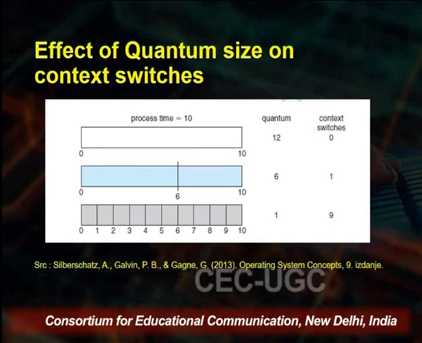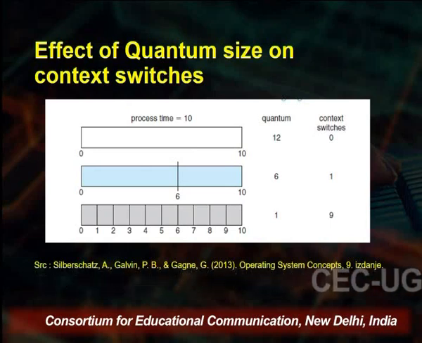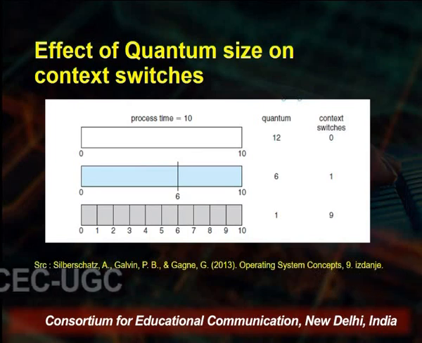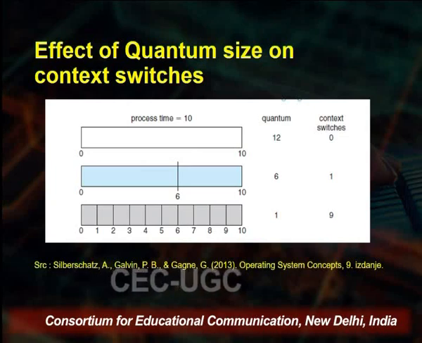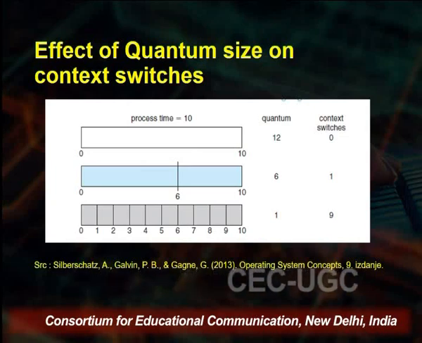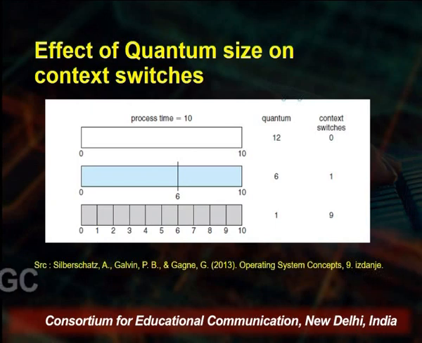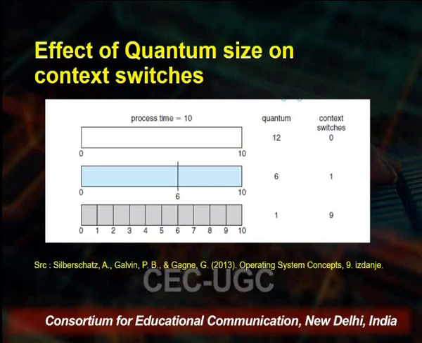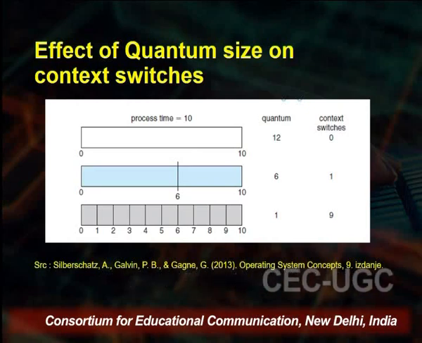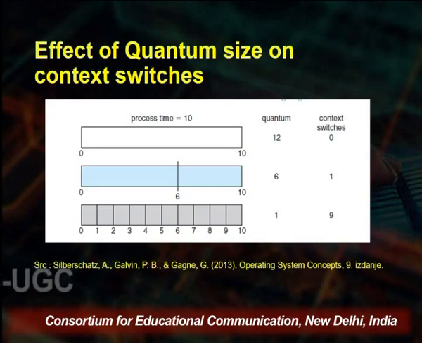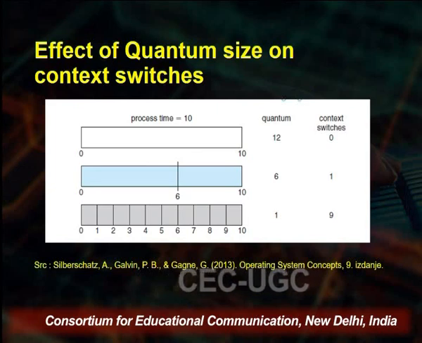So, if we have a quantum time of say 12 milliseconds, and the process requires 10 milliseconds, in that case there will be no context switch because the process will complete in 10 milliseconds, whereas it is given 12 milliseconds. So, when the process time is less and the quantum time is more, there will be 0 context switches.